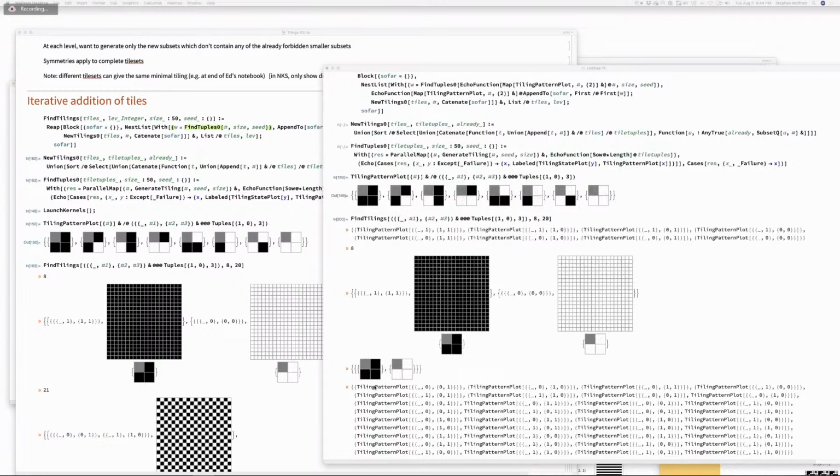Can you see what's going wrong here? No, I don't use echo functions that often. No. That's not the question. Tiling pattern plot. Looks like you're ending up mapping it on a layer that's too far down. Yeah.